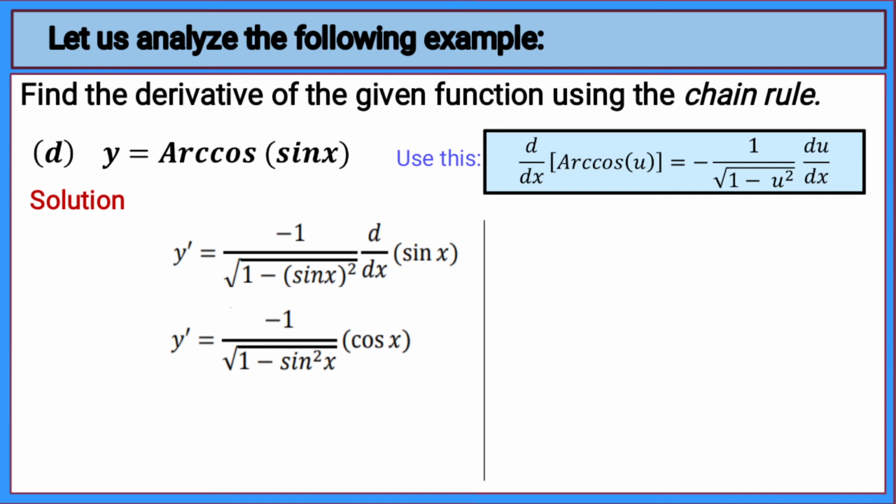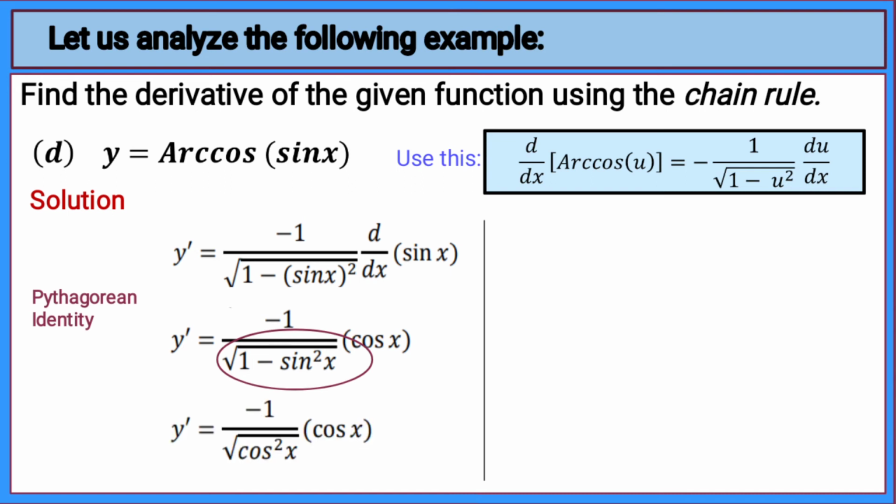That's why we have y prime is equal to negative 1 over the square root of 1 minus sine squared x, times cosine x. And as you can see, there is also a Pythagorean identity here: 1 minus sine squared x is equal to cosine squared x. So it becomes y prime is equal to negative 1 over the square root of cosine squared x, times cosine x.